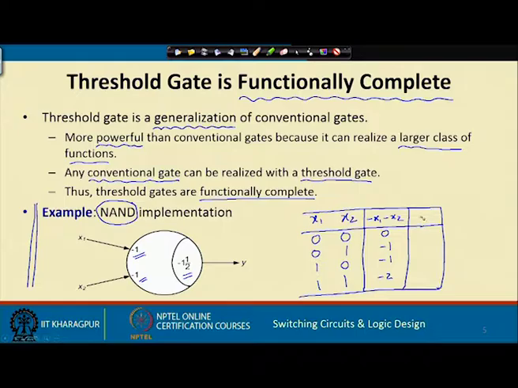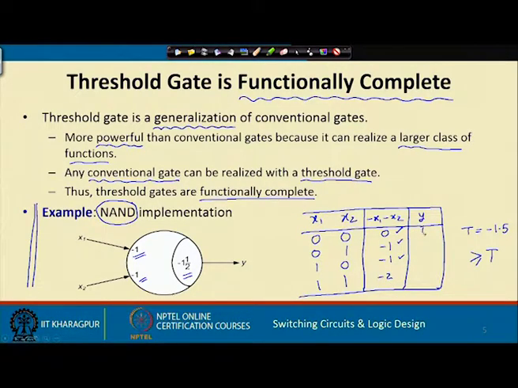So, what will be the output y? The threshold here is -1.5. If this weighted sum is greater than or equal to t, then the output will be 1. In this case, you see the first 3 are greater than -1.5, and -2 is less than -1.5.